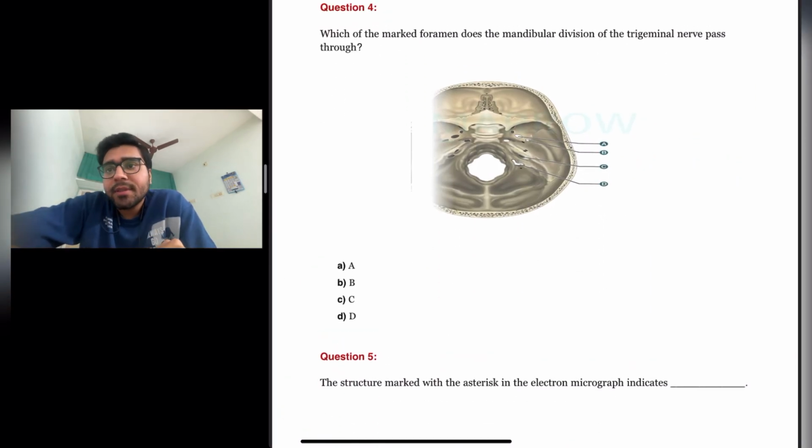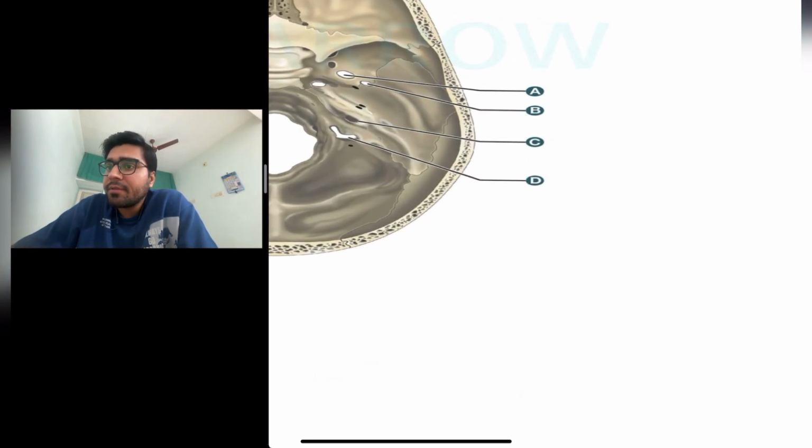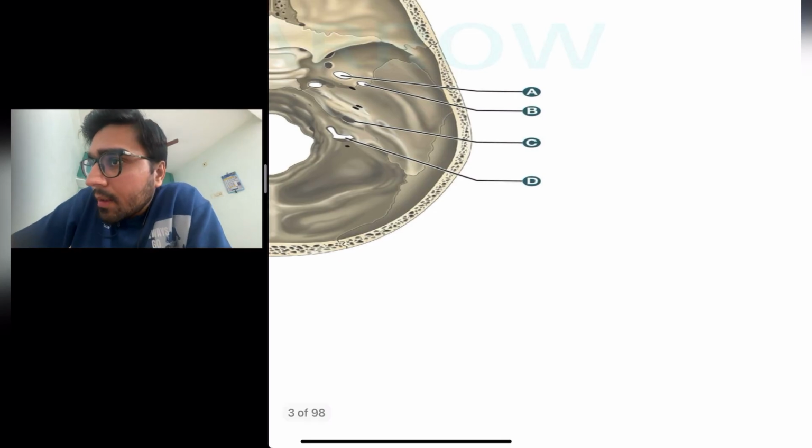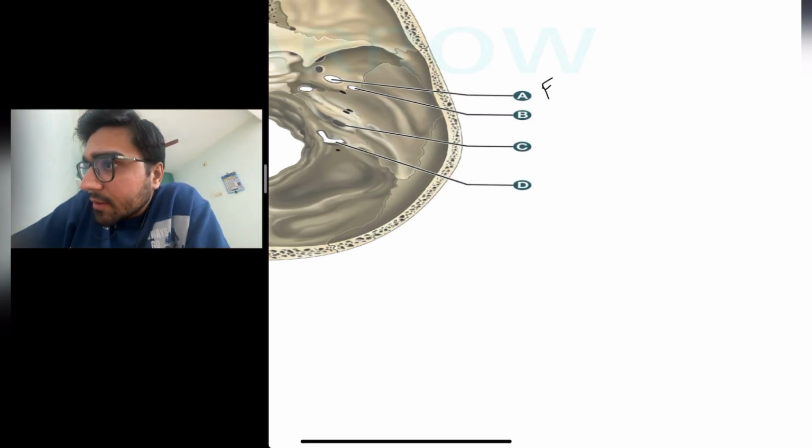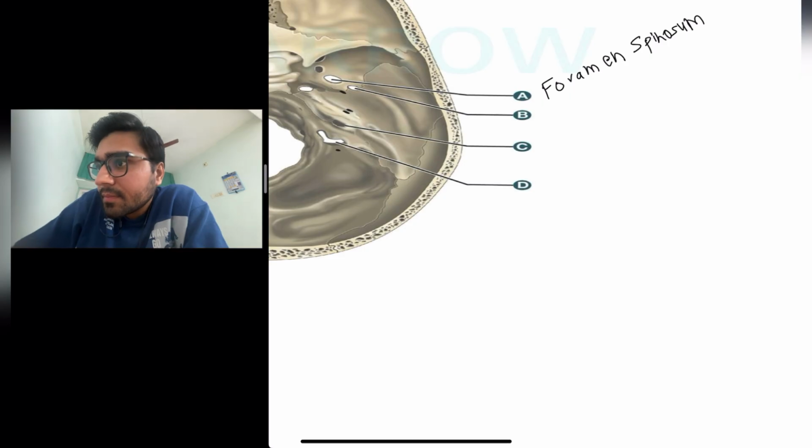The fourth question is, which of the marked foramen does the mandibular division of trigeminal nerve pass through? So first of all, let us label the marked foramens. The first one is foramen spinosum.